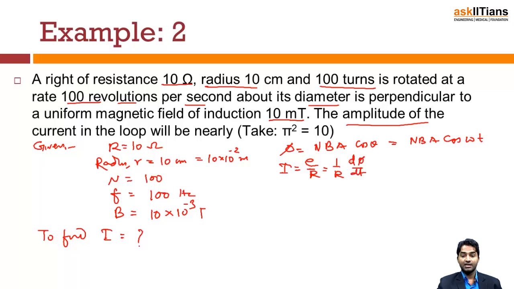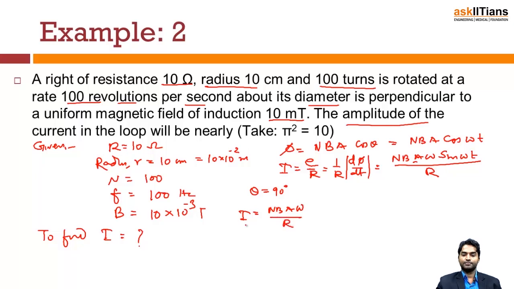We consider its magnitude. When we differentiate, we get NBA omega sine omega t by resistance R. Now it is given that it is perpendicular, so theta is 90 degree and sine 90 is 1. So we can say I is equal to NBA omega upon resistance R.